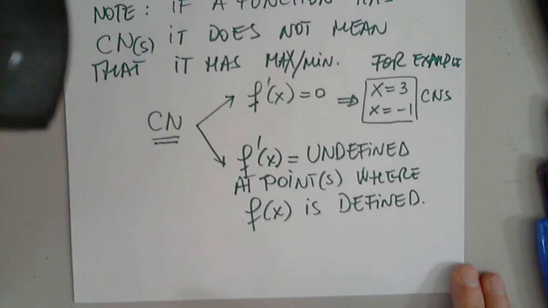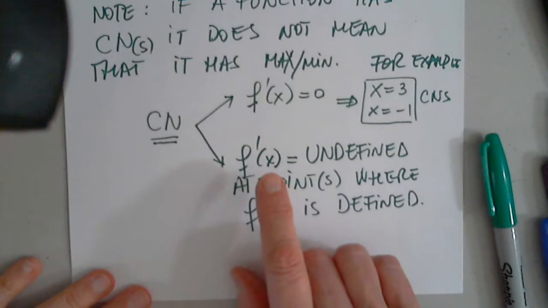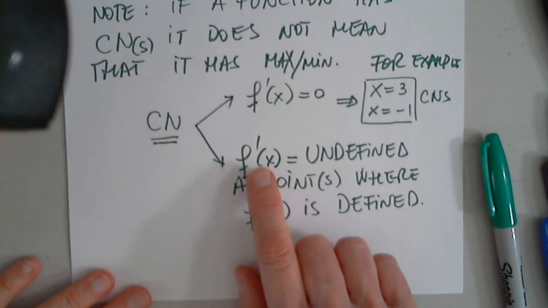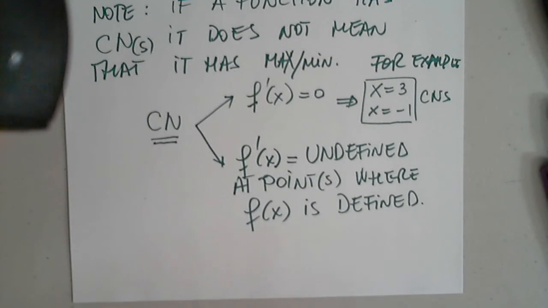You could say, well, that's difficult. What do you mean by that? Okay, here's what I mean. The derivative of a function could be undefined. In how many situations? Several.